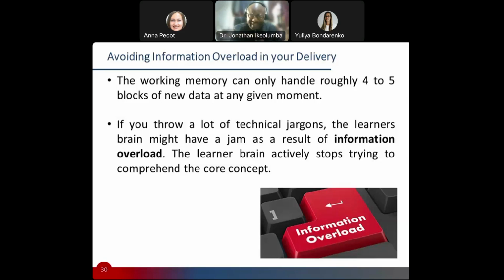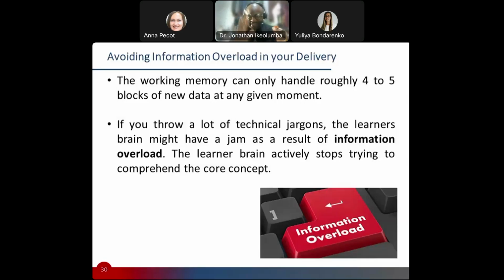So you've got to be very careful, not just in terms of the content or the loading on what you have in your messaging, but also in your use of words, in your use of terminologies many times. So if you start with a lot of technical terms, even though it might be quite less in terms of the content, just the act of using technical terminologies in itself also makes the learner's brain pause and wonder, okay, so what am I hearing?